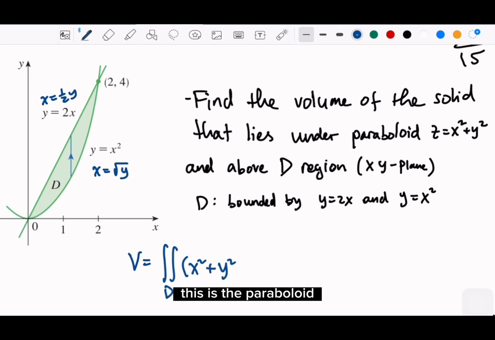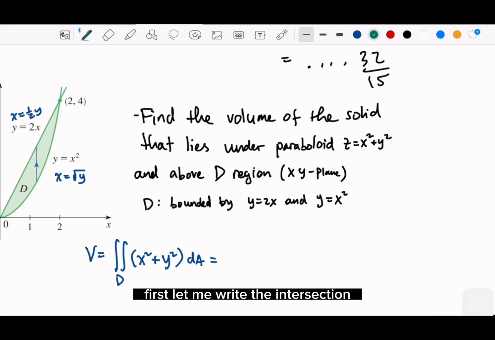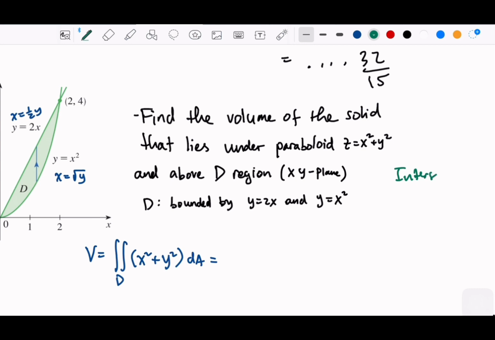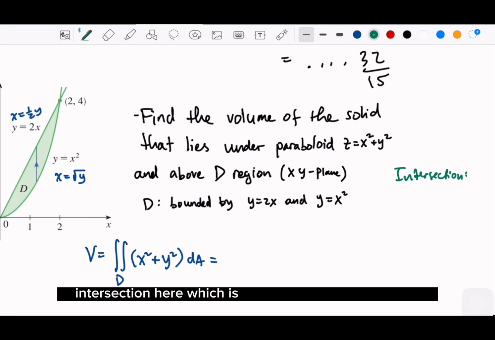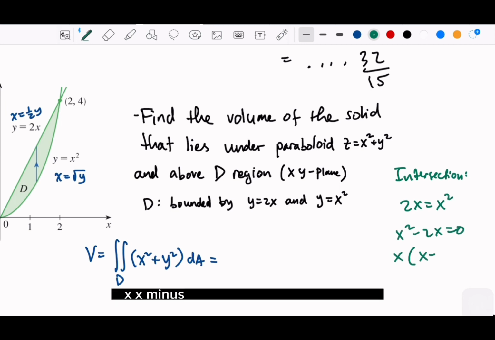This is a paraboloid. And then we can start taking the intersection first. Let me write the intersection here, which is going to be 2x equals x squared. So x squared minus 2x is 0. x times x minus 2 is 0.